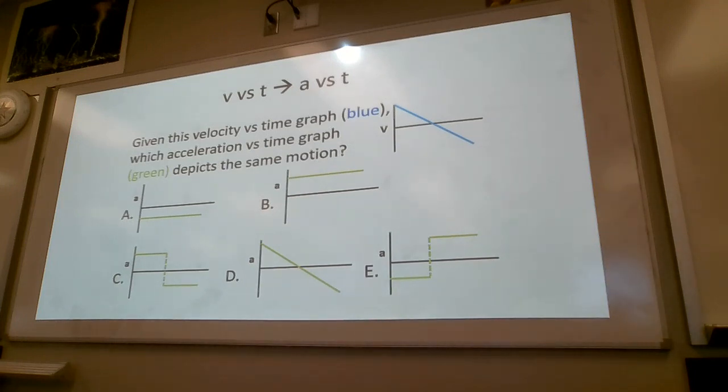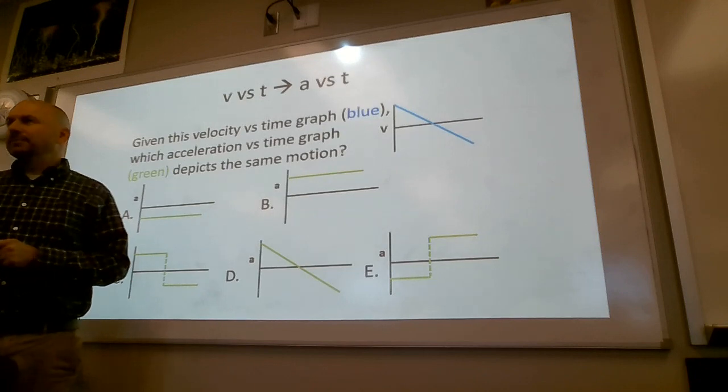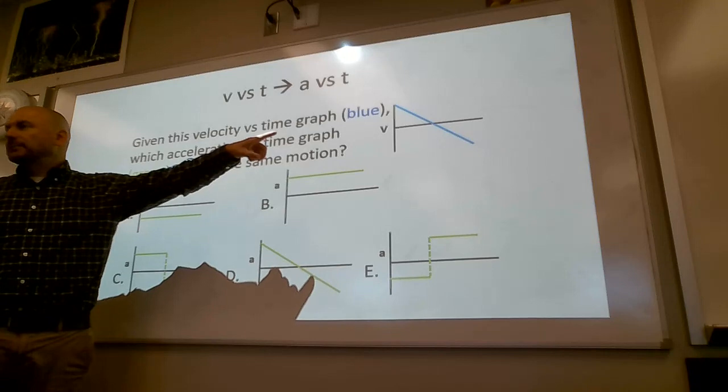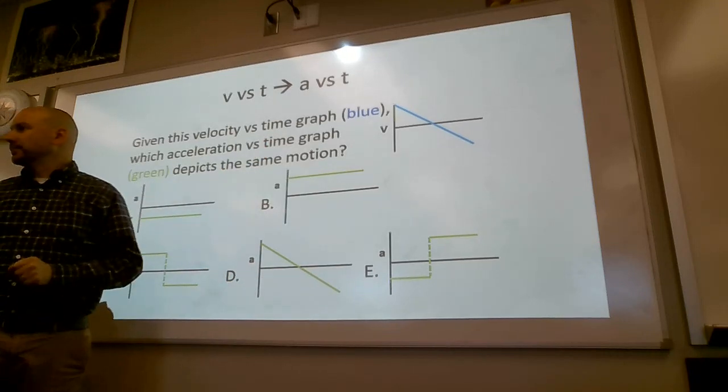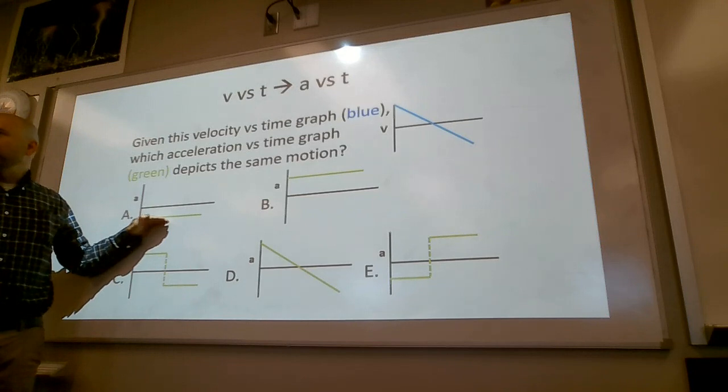Correct answer is... okay. Two different ways to look at it. The slope. How would you describe the slope of that line? Constant negative. Constant negative value.